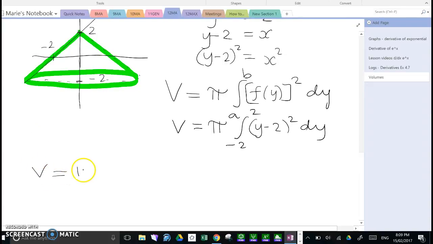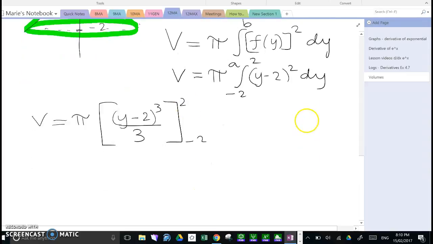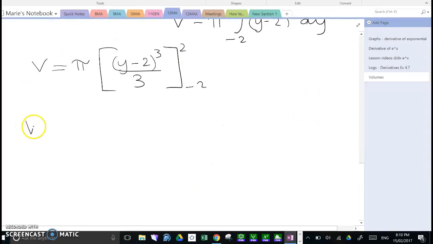V equals pi. Let's integrate y minus 2 squared. So I'm going to raise it and divide by it, and the derivative of y minus 2 is just 1, so no further attention is required to fix that up. And now we're going from minus 2 to 2. Let's keep going with that. I'm going to pull out the over 3 like I did last time and just substitute in my values.